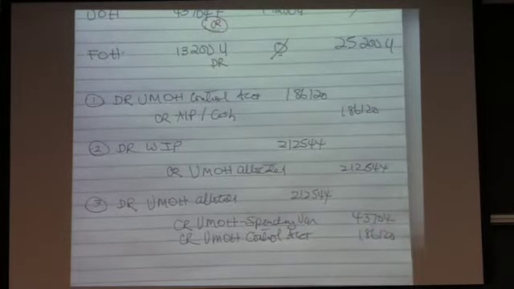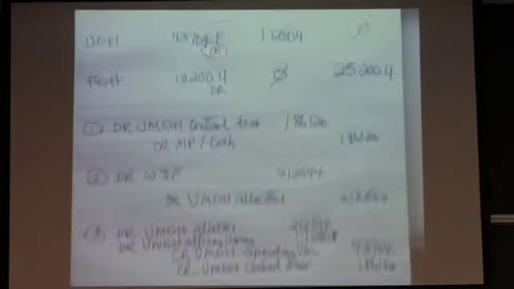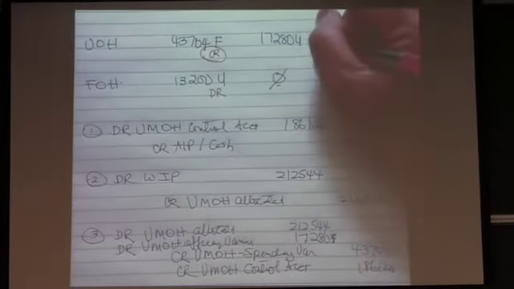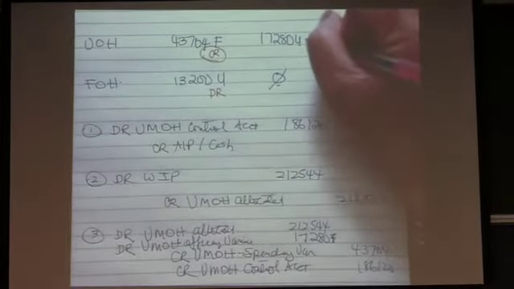Again, the point of recording these entries is you want to track the efficiency of utilizing the cost. And I always remember that if it's unfavorable because we're dealing with a cost, that means you need to record it as a debit. Okay?